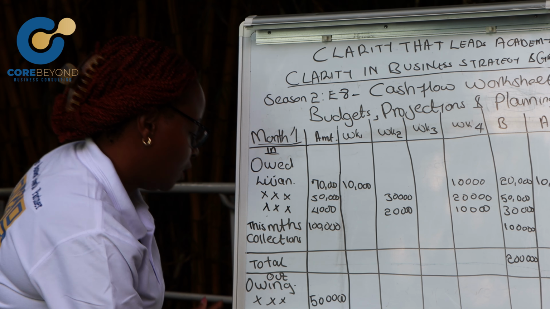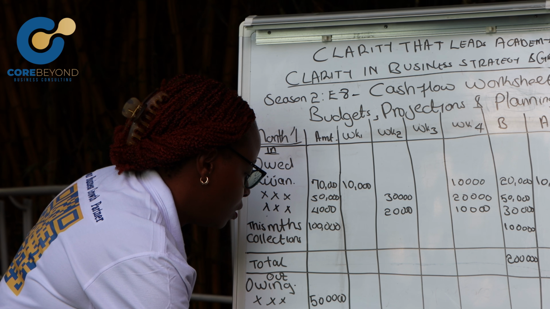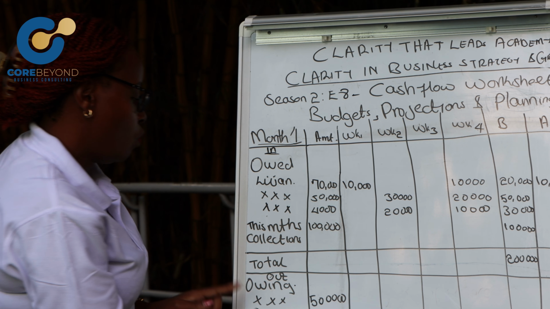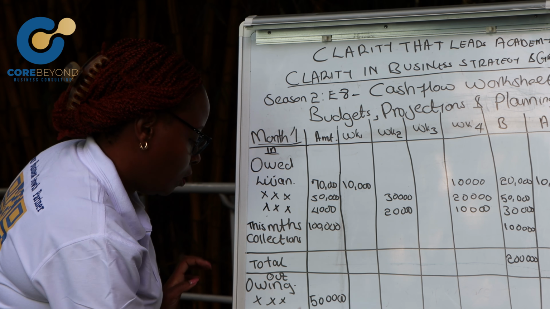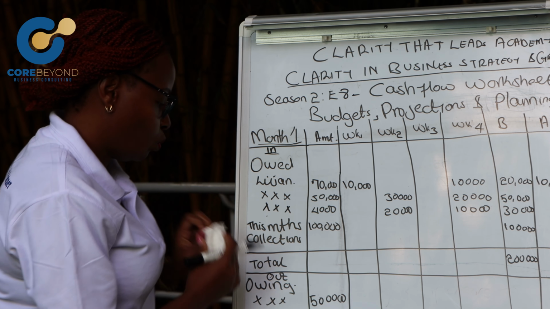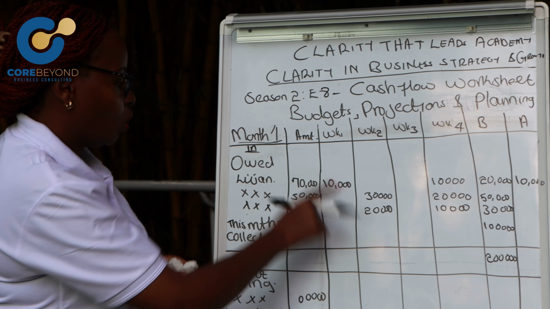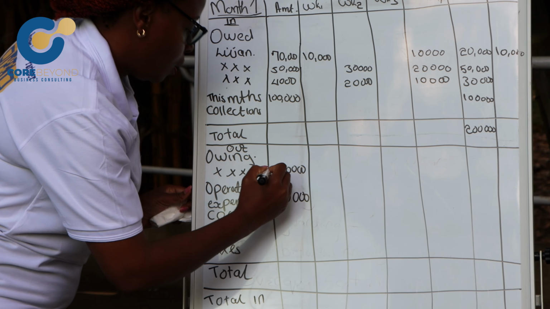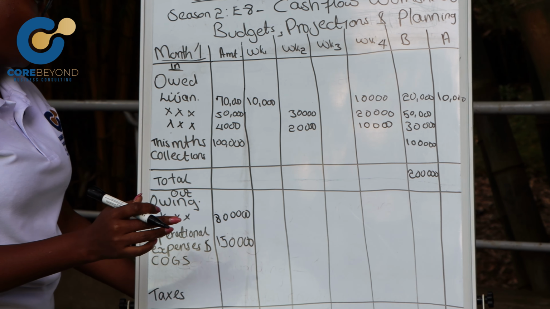So operational expenses, assuming your operational expenses are at 150,000, but you owe 50,000. We'll give it one figure that is going to help me show you how to raise money from this. So I can use 80,000 owing for you.